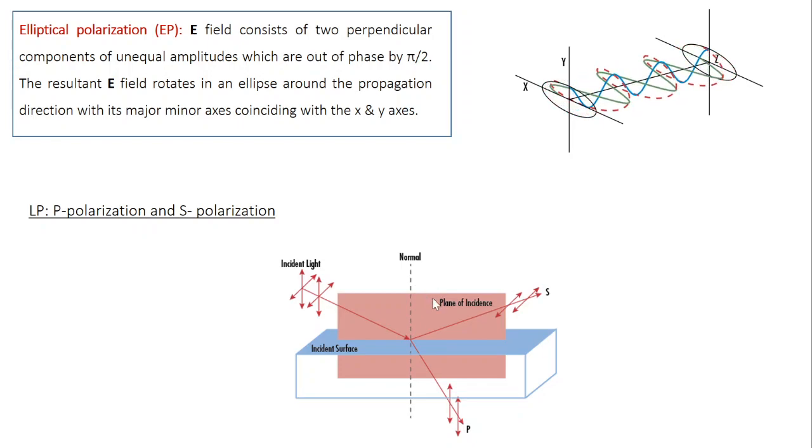So always remember, the plane of incidence will be perpendicular to the incident surface. So you can redefine S and P polarization with respect to the plane of incidence. In S polarization, the electric field is perpendicular to the plane of incidence. In P polarization, the electric field is parallel to the plane of incidence. So you have two choices, either define it with respect to the incident surface or with respect to the plane of incidence. By convention, people usually use the plane of incidence method.